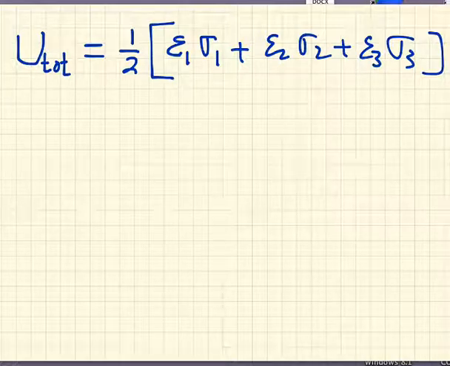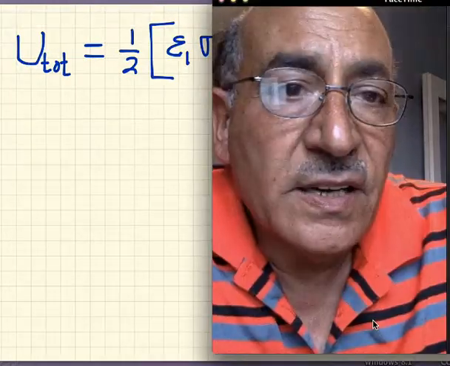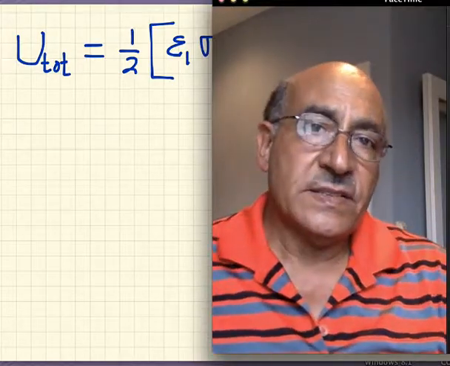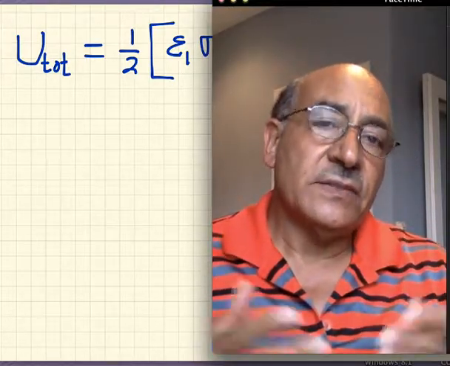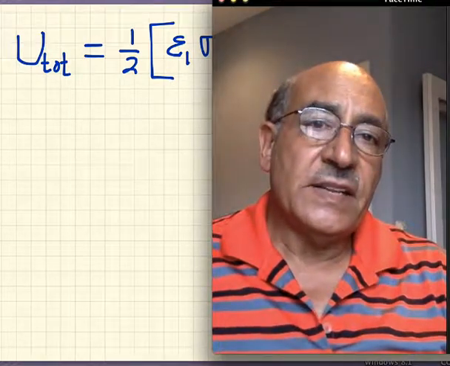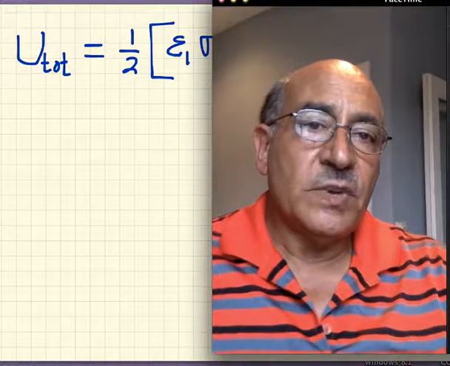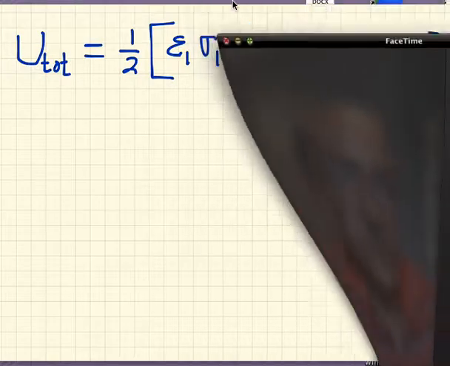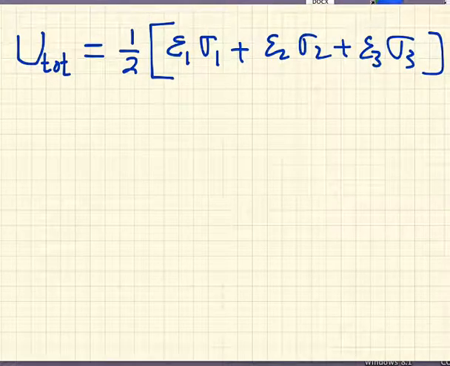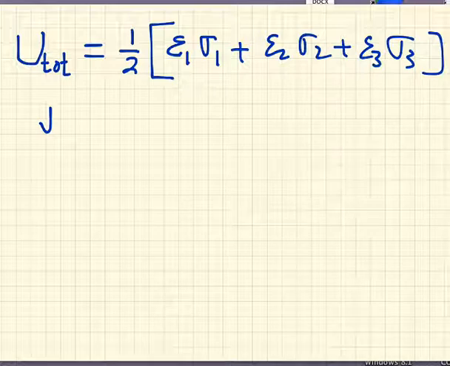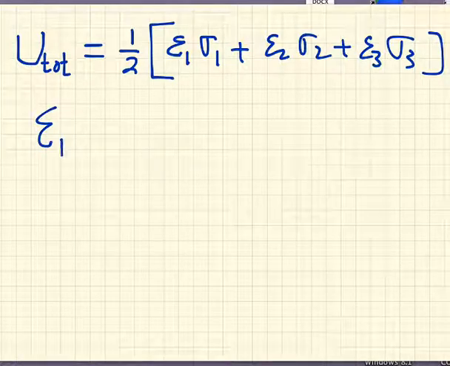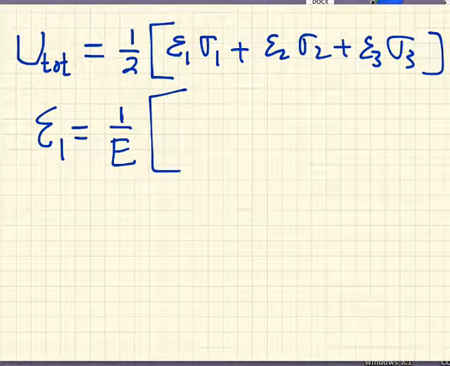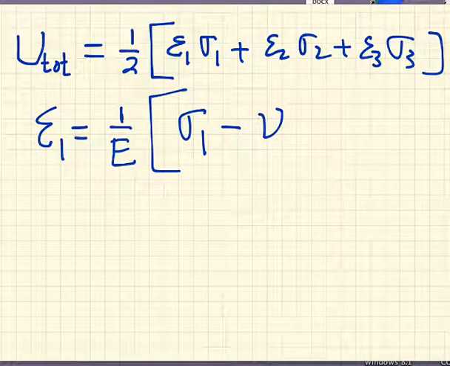Now, what we want to do is go a couple of steps. First, we're going to eliminate all the strains and write them in terms of stresses, then substitute and find the total energy in that cube of material, assuming that cube has a unit volume. Remember, unit volume. By Hooke's law, epsilon 1 is 1 over E times sigma 1 minus the Poisson contraction.